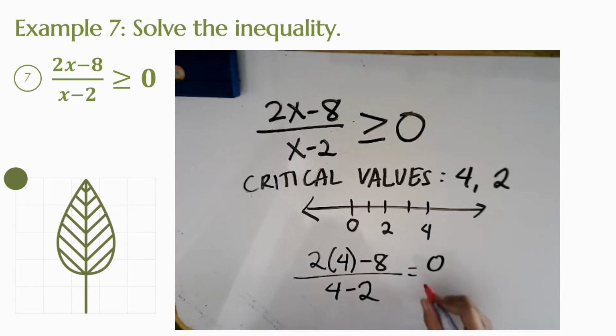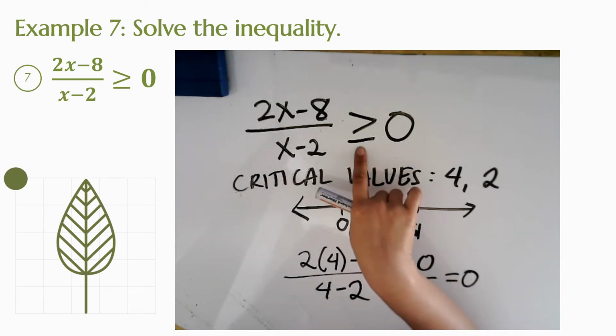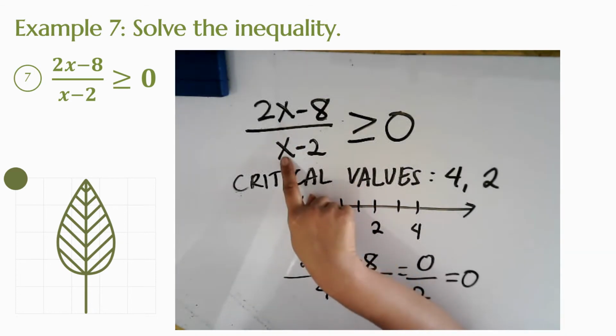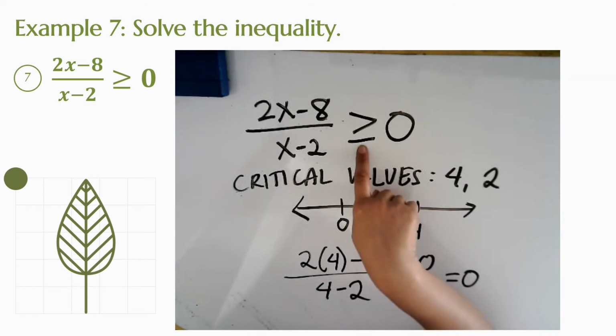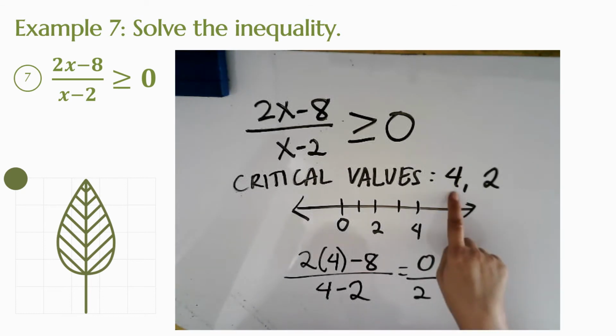Then 4 minus 2 is equal to 2. And we know that 0 over 2 is equal to 0. So 0 is greater than or equal to 0. So it's true. If x is 4, we will have 0, which is greater than or equal to 0. So meaning that critical value 4 is included in the solution.